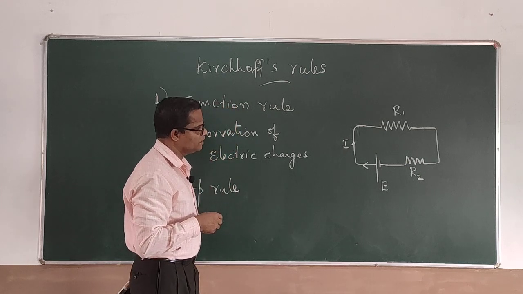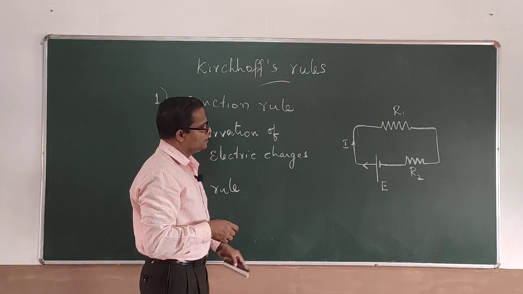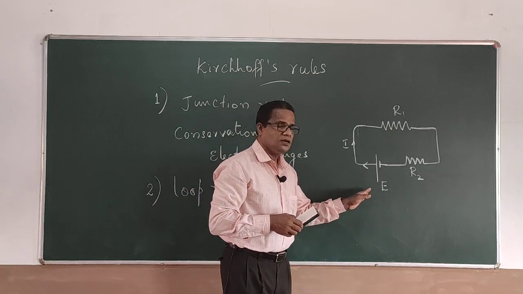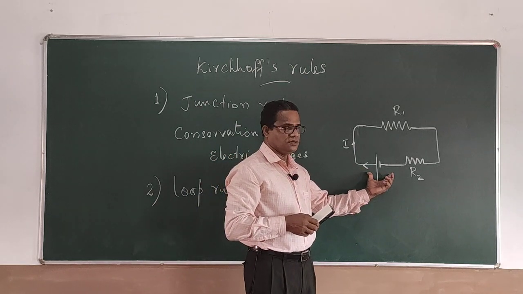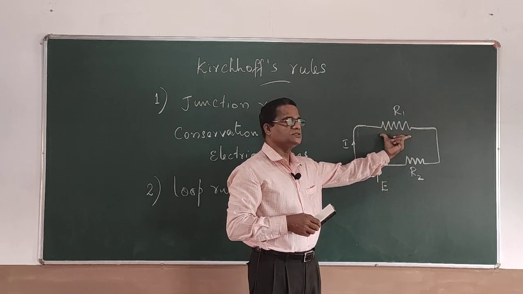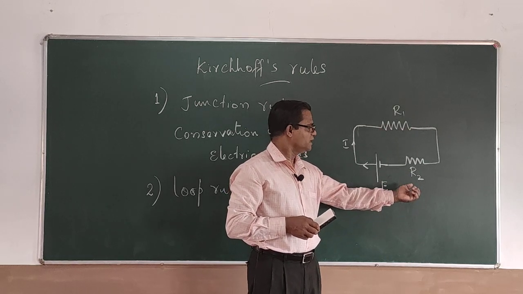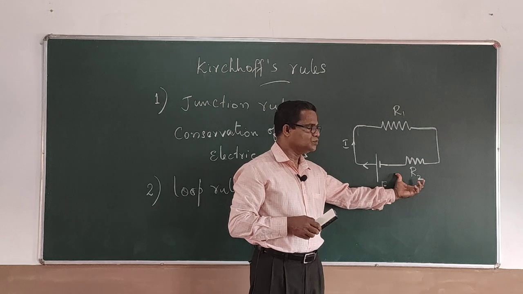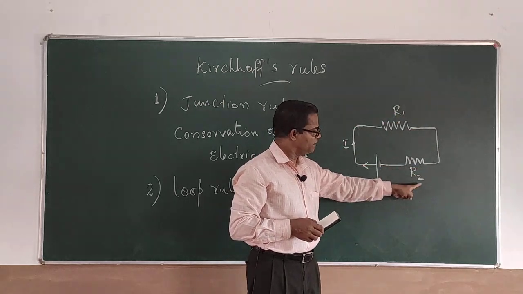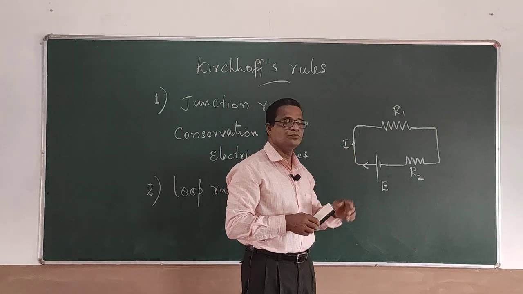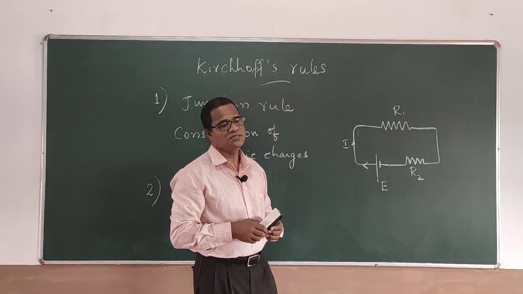Then we can say that the EMF applied here will be getting dropped across resistance R1 and resistance R2, in such a way that the algebraic sum of the EMFs around this loop must be 0.